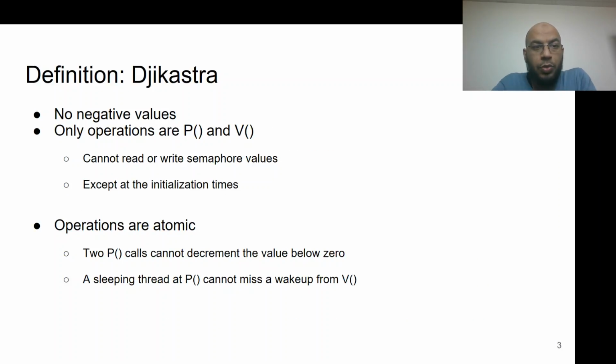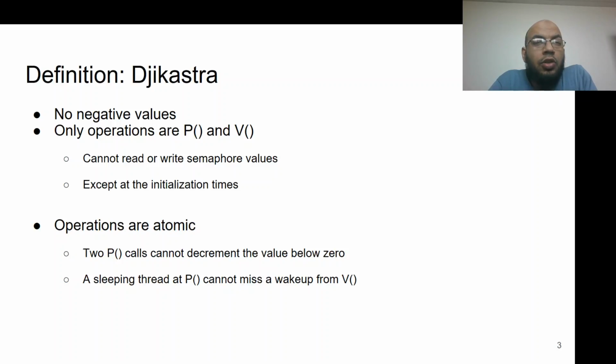Dijkstra, and we are going to talk about his definition now, defined it as never having negative values. So it's an integer with no negative values. This is not what reality is today, but I'm just saying. The only operations are P and V. They cannot read or write semaphore values except at initialization time.